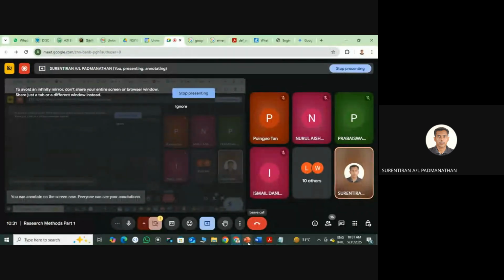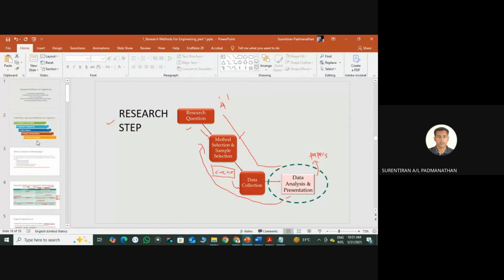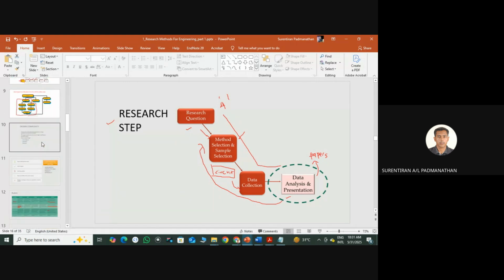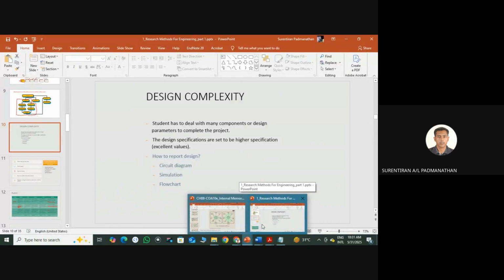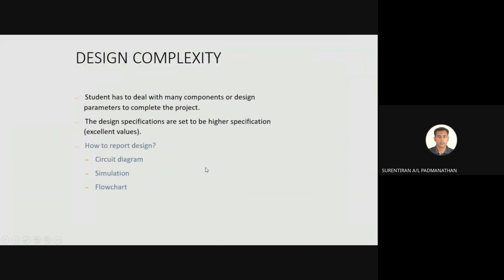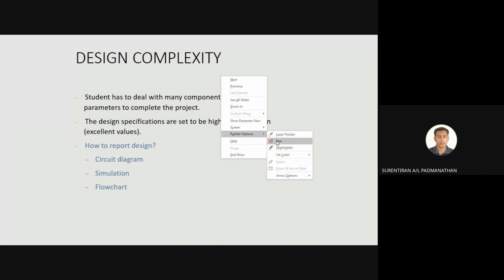Okay, so we'll continue. Next we look into design complexity.